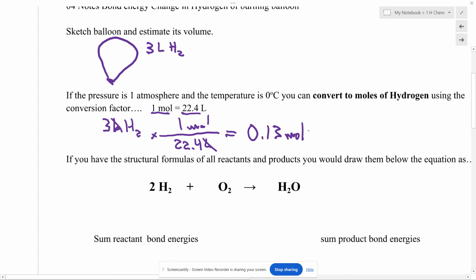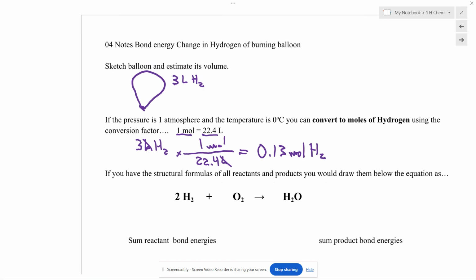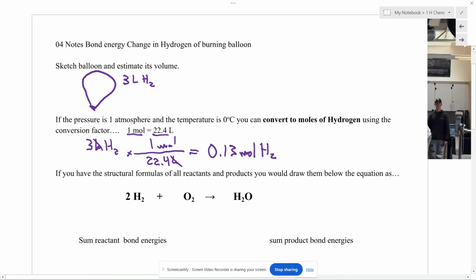Realize I'm breaking a few significant digit rules, but that's pretty close. So what we want to do here is find out, estimating the bond energy from your bond energy table, how much energy will be produced when we carry out this reaction.